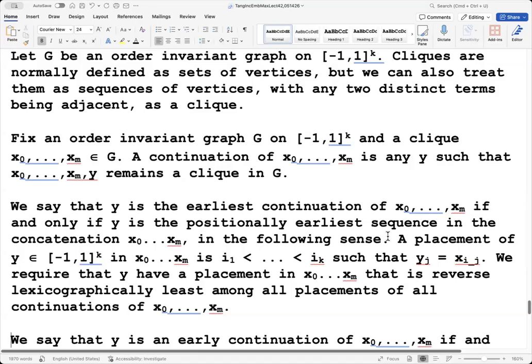Now, the fact that I'm always recycling the earliest thing means that at the end of this process, when we take the compact limit, so to speak, I'm going to be recycling everything. And so then I'm going to get, well, I don't quite get an embedded maximal chain, a maximal clique.